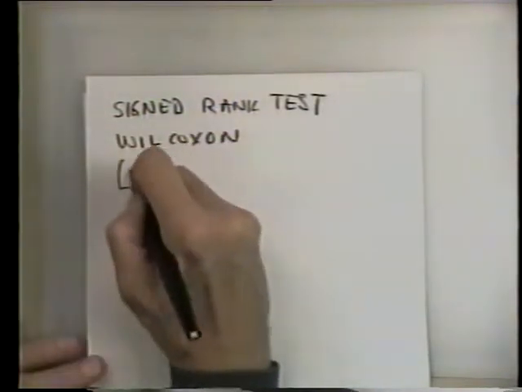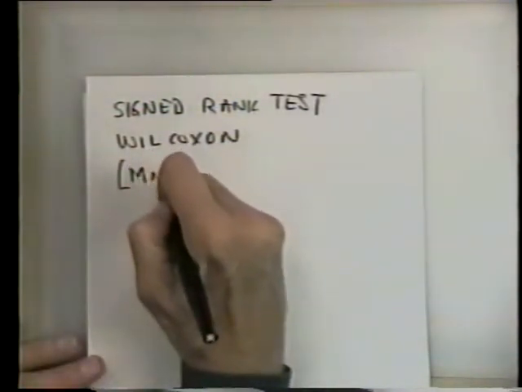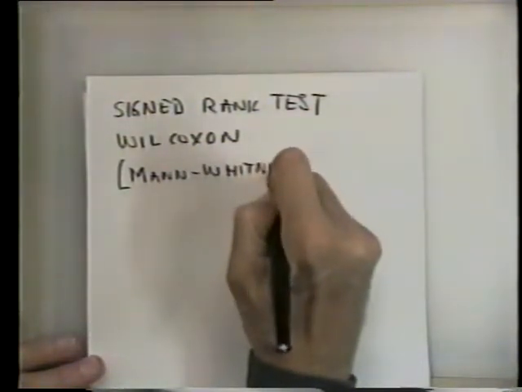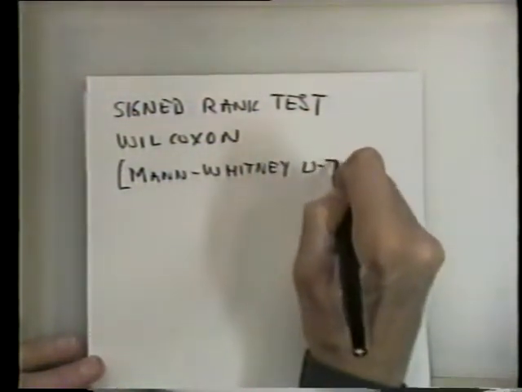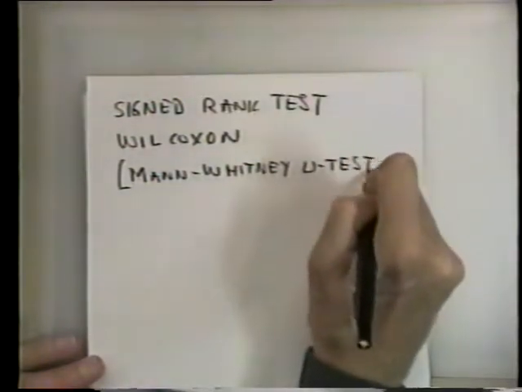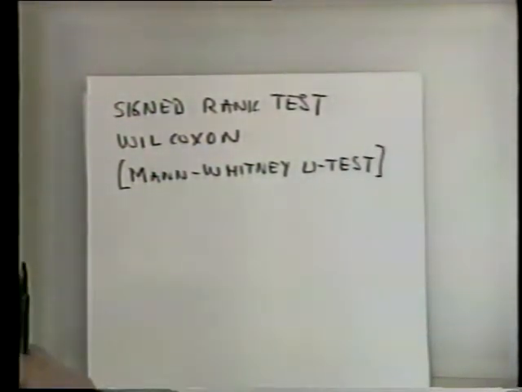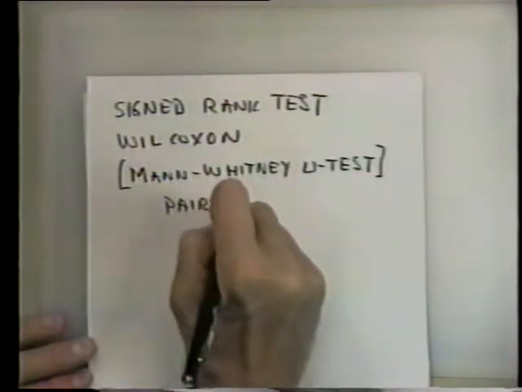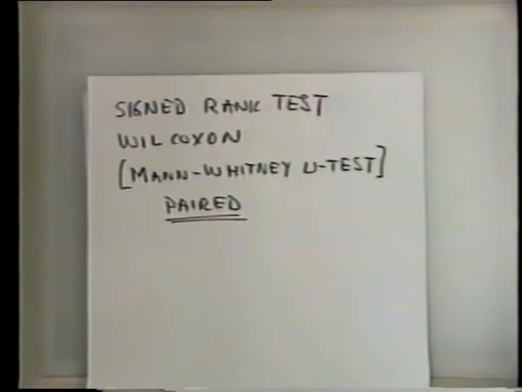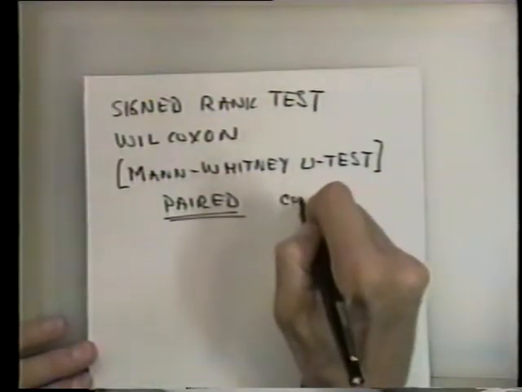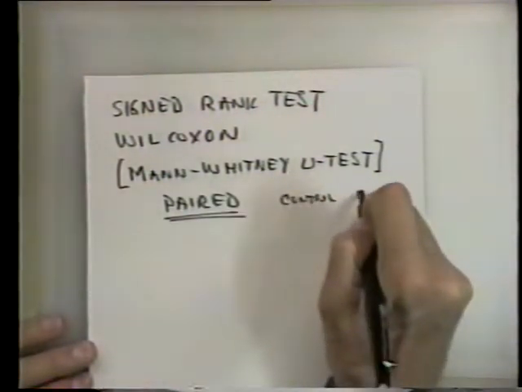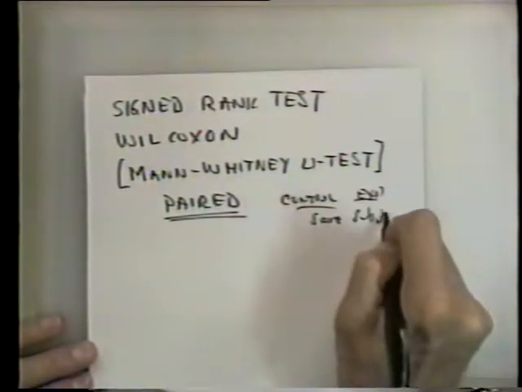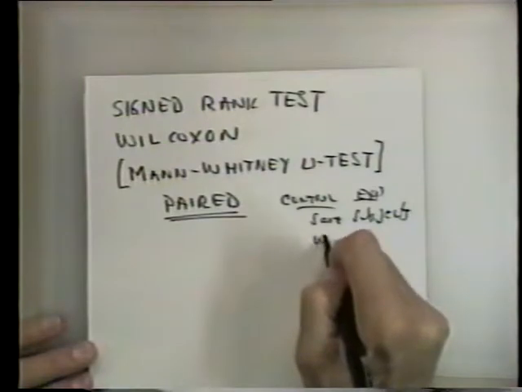It really uses the same statistics, although in a slightly different way, called the Mann-Whitney U-test. And we're going to discuss the paired version of this. Paired, again, means we're always comparing control and experiment for the same subjects. So this is a within-group design.